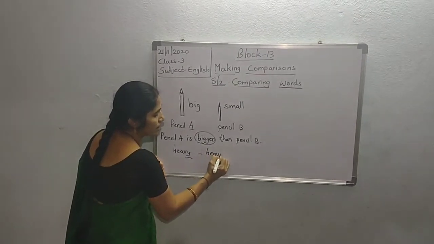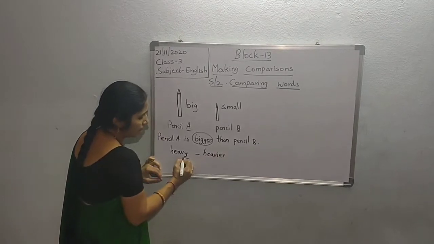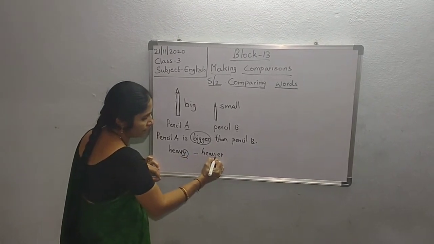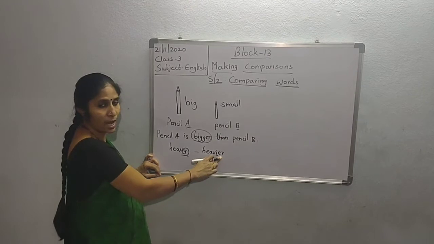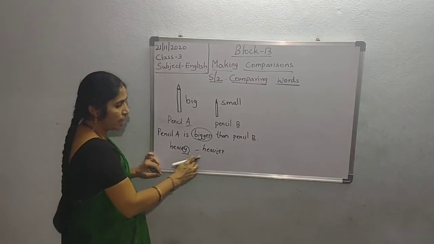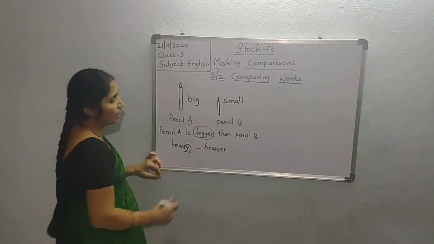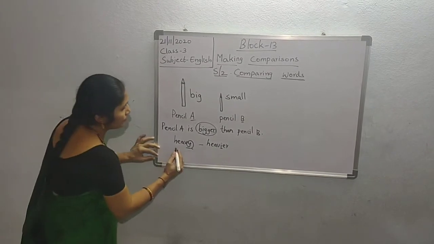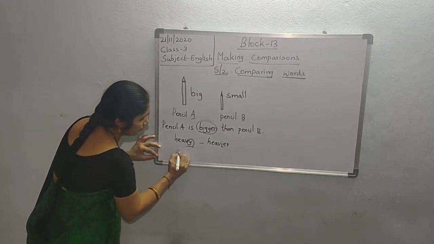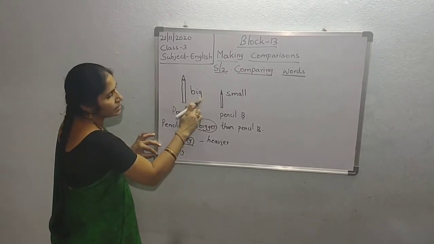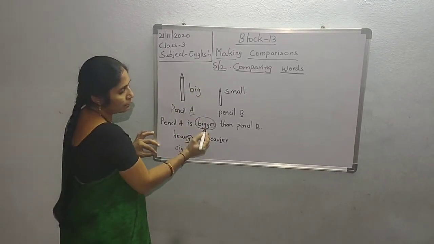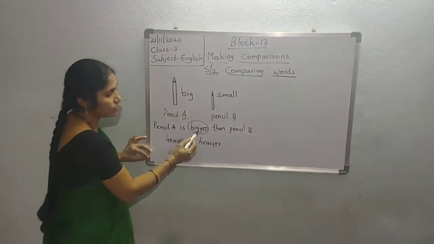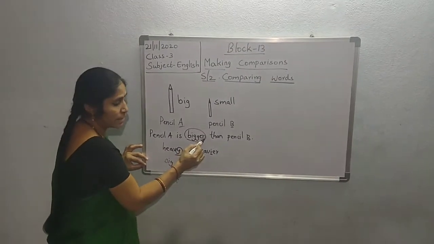Heavier, H-E-A-V-I-E-R. In place of y, we have to write i and then add er. Heavy, heavier. And if that is a CVC word, for example big, again we have to write the consonant twice and add er.